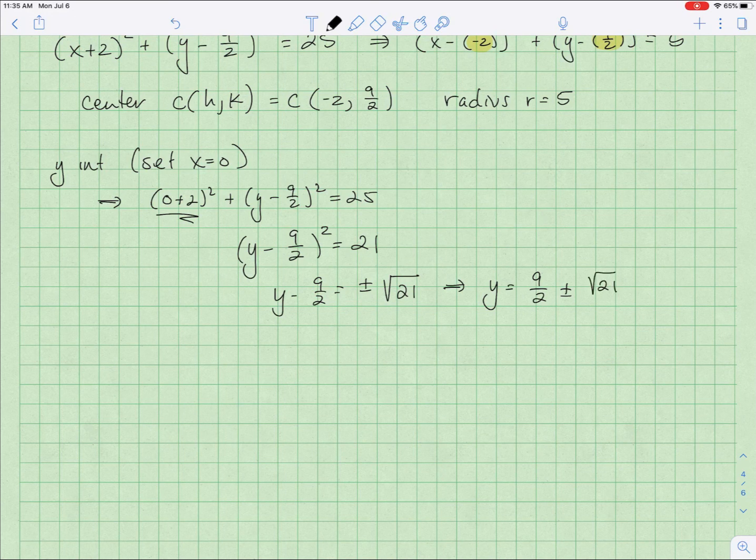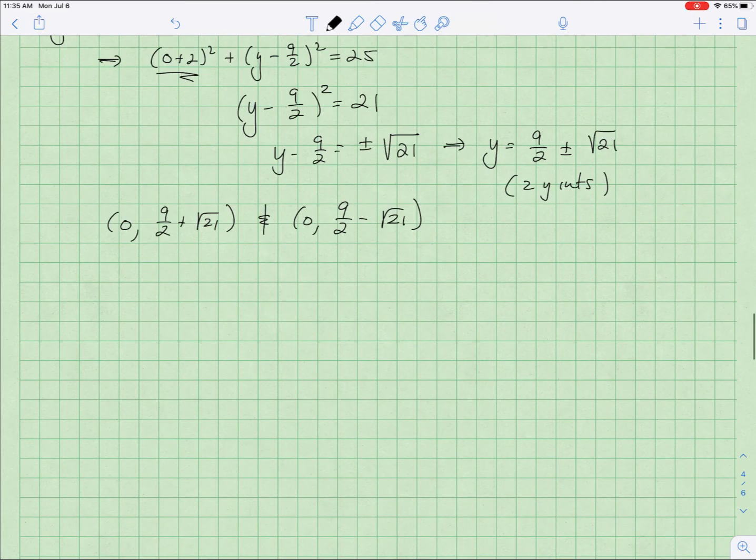So we have 2 y-intercepts, and they are 0, 9/2 plus the square root of 21, and 0, 9/2 minus the square root of 21. For our x-intercepts, we're going to set y equal to 0, and that's going to give us x plus 2 squared plus 0 minus 9/2 squared is equal to 25.